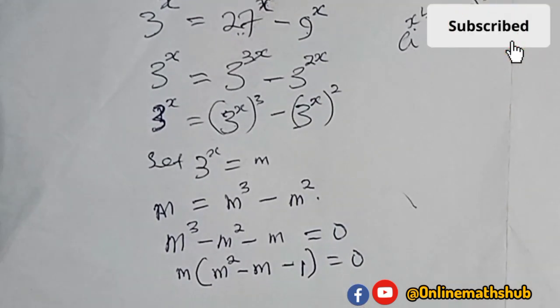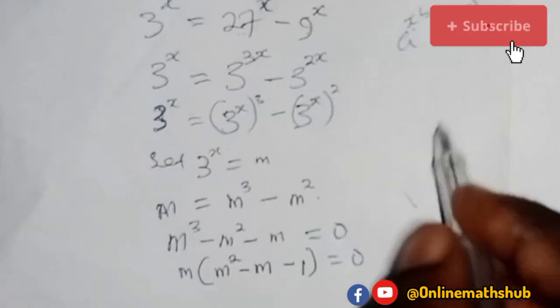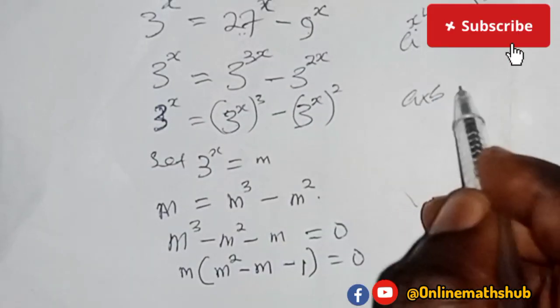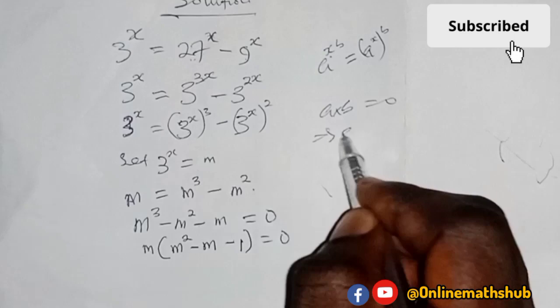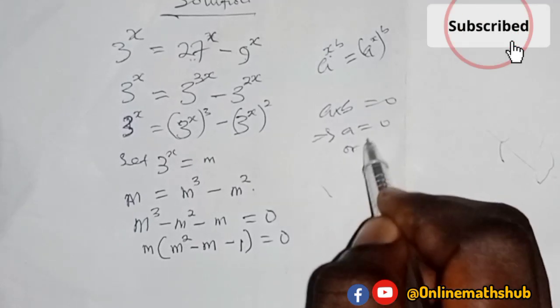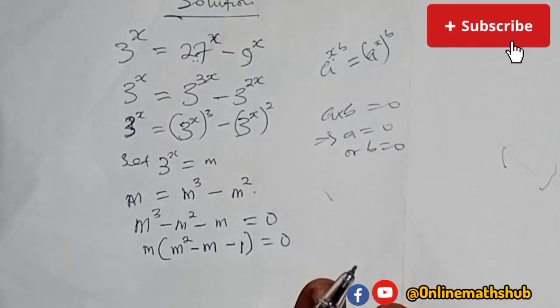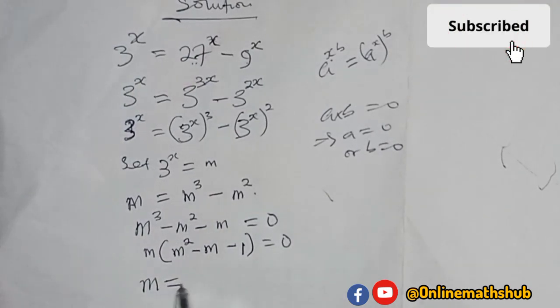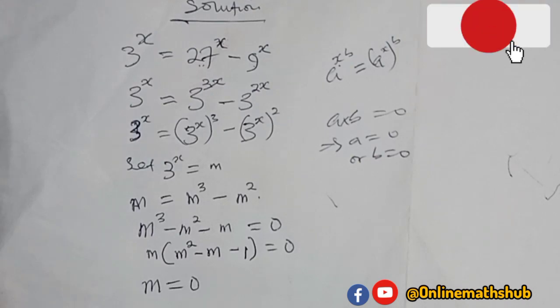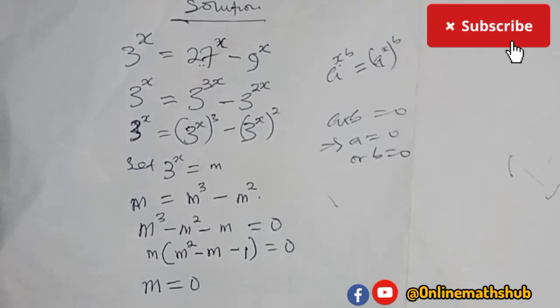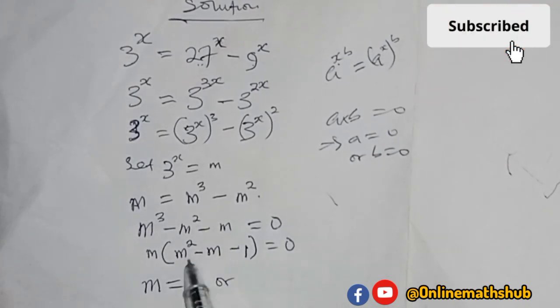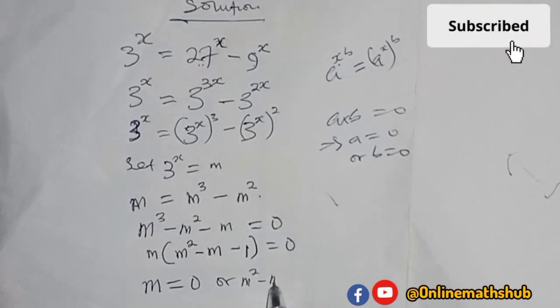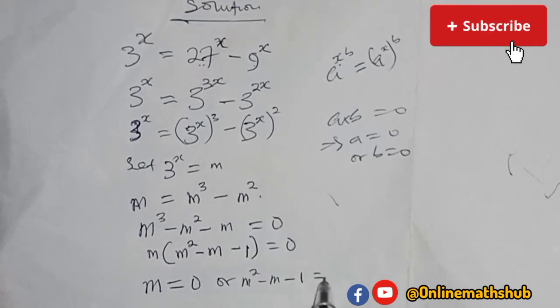Using the zero product rule, which says that if a times b is equal to 0, this implies that a is equal to 0 or b is equal to 0, you can clearly see from here that m is equal to 0, or m raised to power 2 minus m minus 1 is equal to 0.